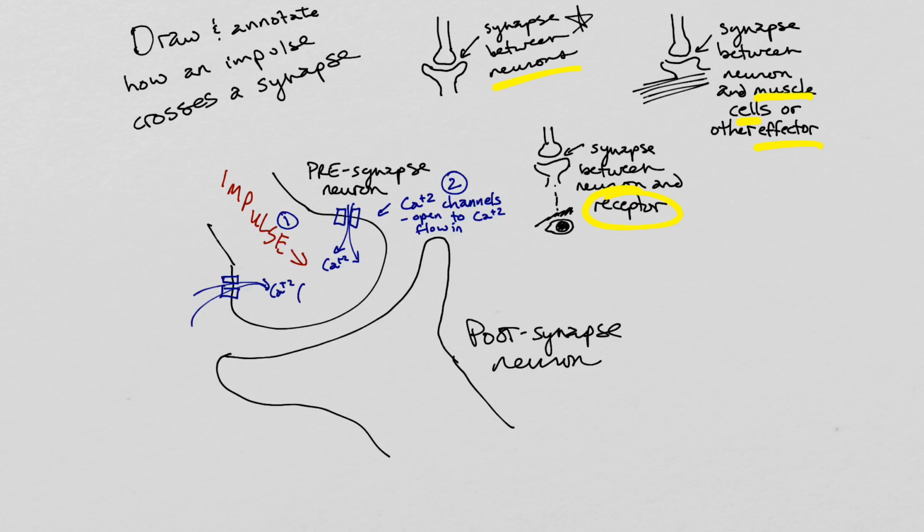Now, inside of this presynaptic neuron are a bunch of vesicles, and remember, these are just membranes that surround something. And what they're surrounding is a whole bunch of a molecule called a neurotransmitter.